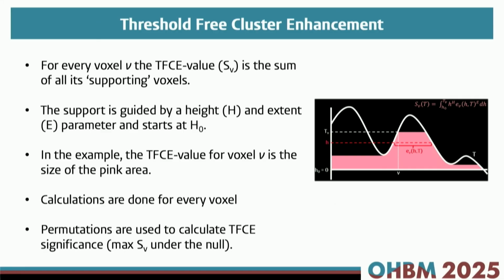For example, between two groups, we permute the group labels, and we calculate TFCE statistics for each of the permutations. We calculate the maximum TFCE statistic that way under the null hypothesis, and that way we can threshold the original TFCE map. So we know which TFCE value can be regarded as significant or not.